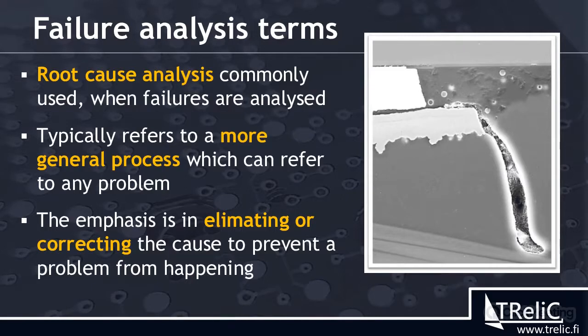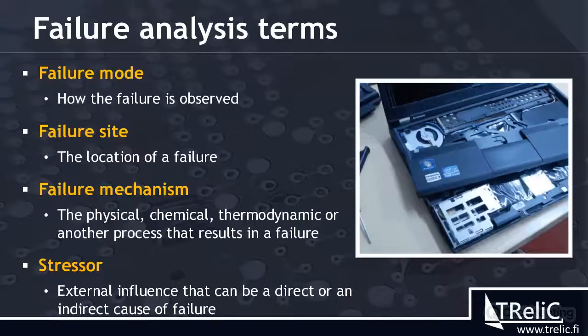At least for me, the emphasis is on eliminating and correcting, so finding the reason and then correcting that. But quite often, root cause analysis and failure analysis and even physics of failure are used to mean the same processes.